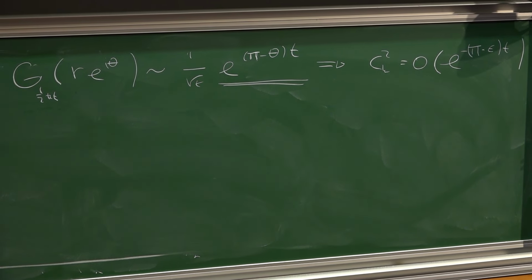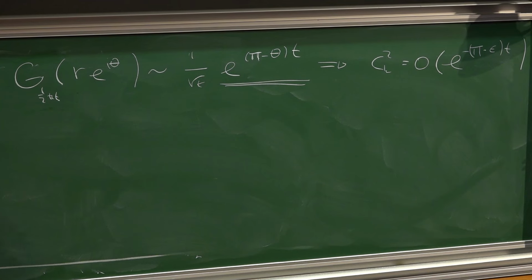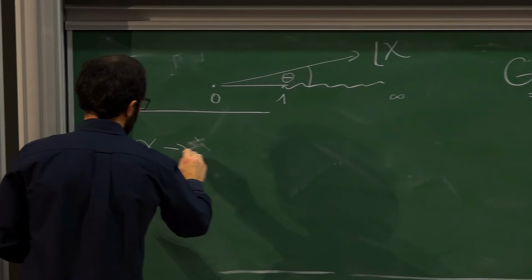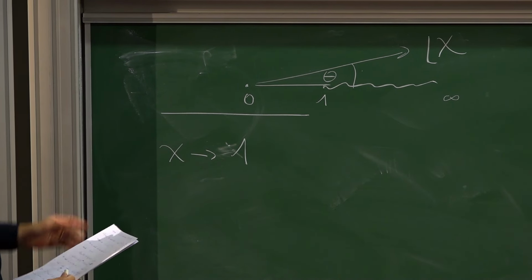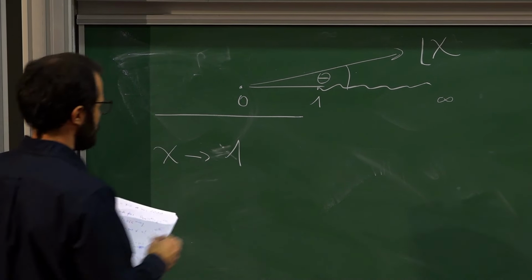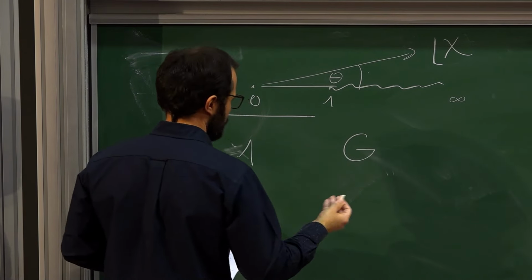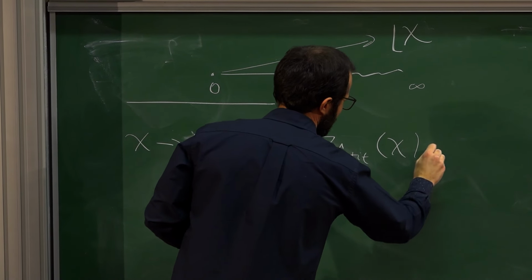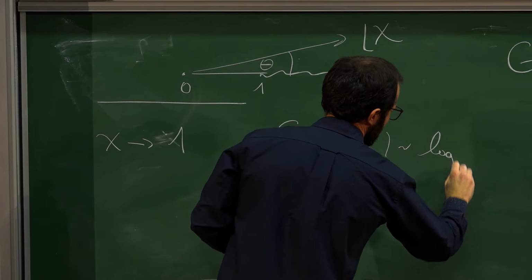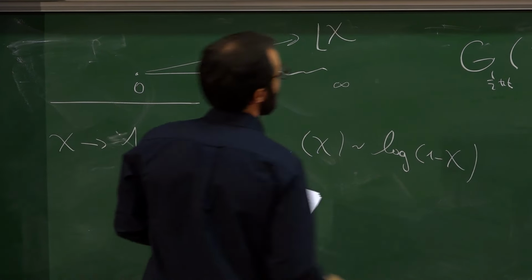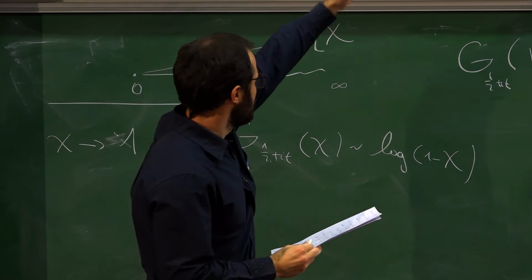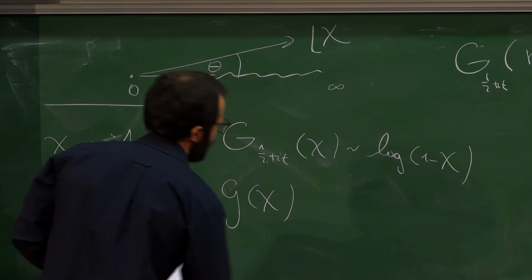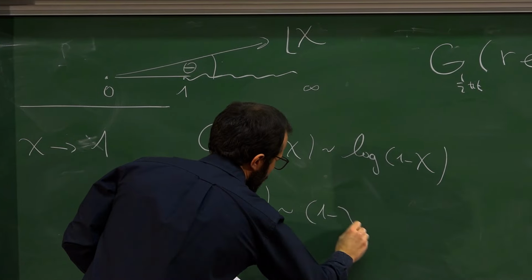And then, to get the right power, you need to wonder what happens when chi goes to 1. When chi goes to 1, the individual conformal blocks are not particularly divergent. They go like a logarithm. But from the symmetry, you know that actually g of chi needs to have a power law singularity.